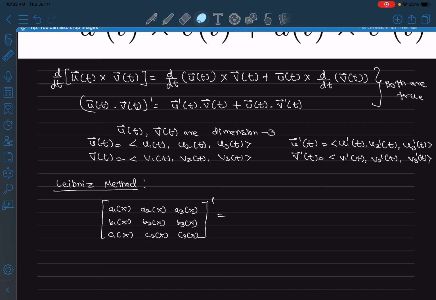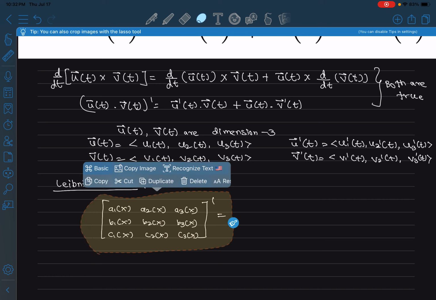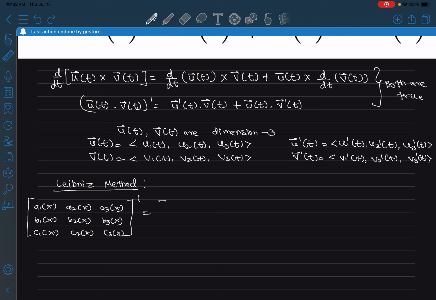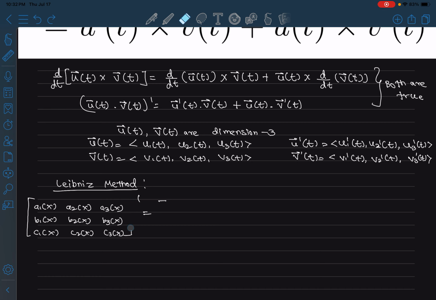What Leibniz method says is I just have to differentiate row by row. Sorry, I forgot to give the sign of determinant over here instead of matrix. Because for a matrix, the derivative is just element by element wise, so I will just differentiate all the elements at once.